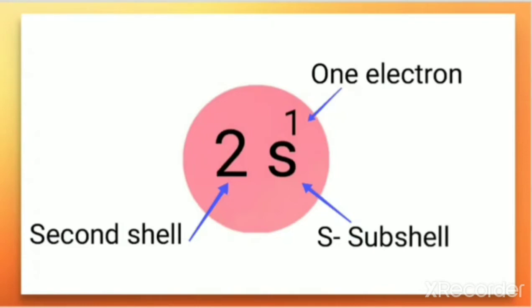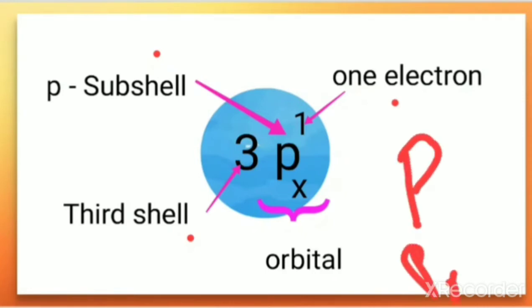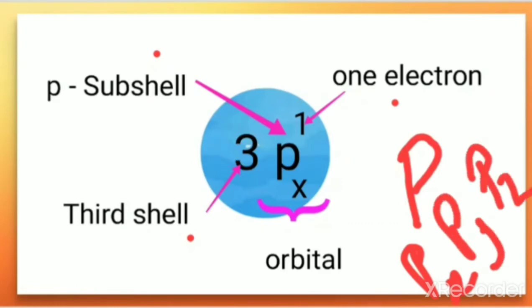Let us take one more example, 3p1. What the 3 indicates here is that the principal quantum number is 3, that means it is the third shell, or we can say orbit or the energy level. Here 1 indicates the number of electrons. p is the subshell. Here if it is written as px, that means it represents the orbital. p represents the subshell, px represents an orbital, py is an orbital, pz is an orbital.